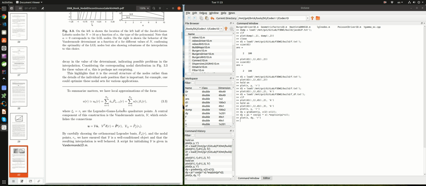And that's one of the representations, and this representation is called a modal representation. It's basically representing a particular function as a linear superposition of different modes, and here the modes are given by the Lagrange polynomial at the order of n subtract 1, right?